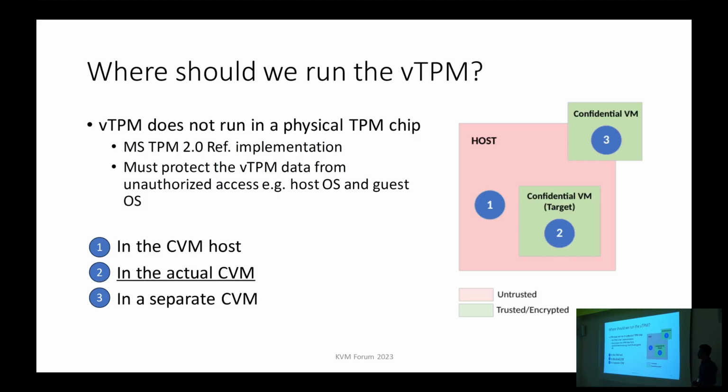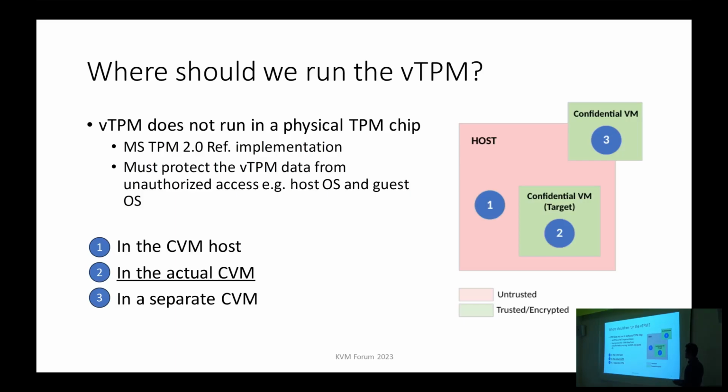Okay, the first question is, where should we run the VTPM? The VTPM doesn't run in a physical TPM. So we don't have the protection of the hardware to protect the state of the VTPM, the TPM data. In our case, a VTPM is software.